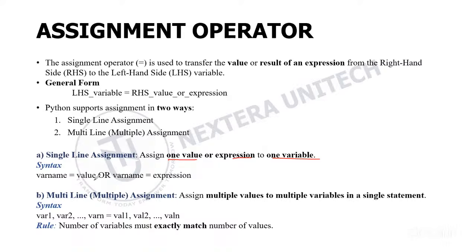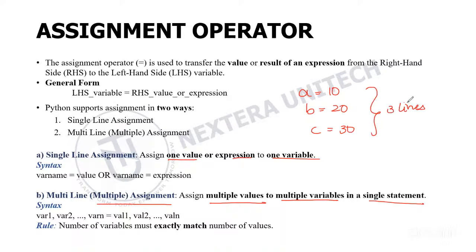So there is multiple assignment, or multi-line assignment. In this, we assign multiple values to multiple variables in a single statement. Rather than doing a equals 10, b equals 20, c equals 30, where we are using three lines, right? Rather than this, we can assign all these values at once in a single line or single statement.